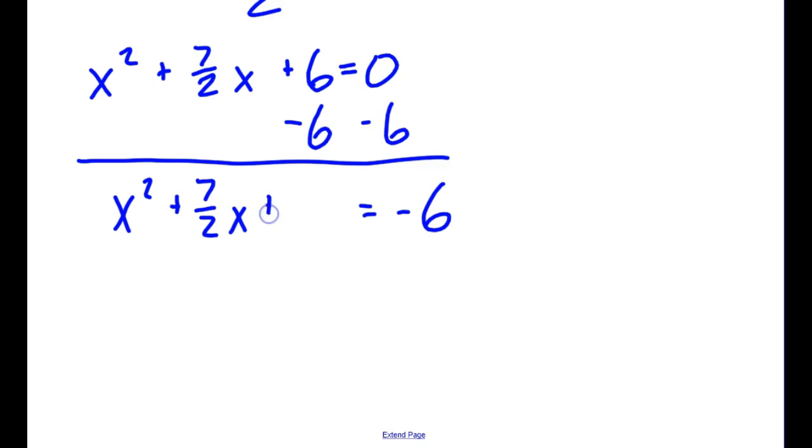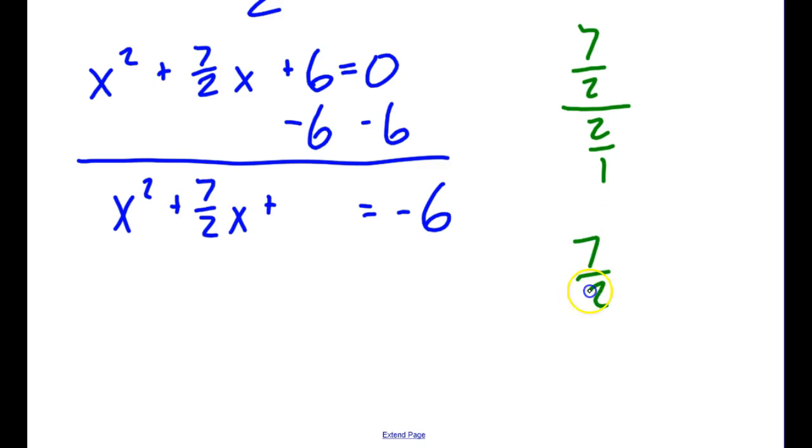So I'm adding b over 2. So I'm taking 7 over 2. I'll show this off to the side. 7 over 2, that quantity divided by 2. I can think of dividing by 2 as 2 over 1. So I have a fraction divided by a fraction, which means I can multiply by the reciprocal.